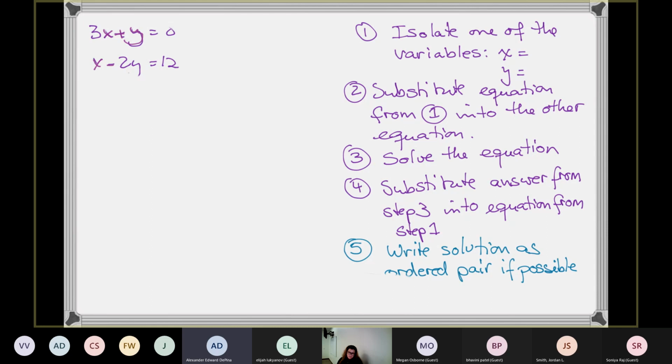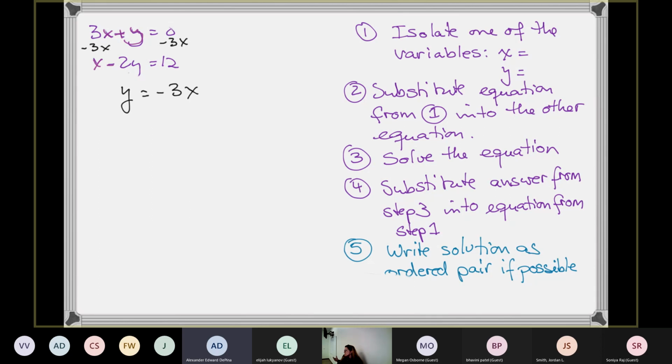3x plus y equals 0. So we want to solve this one for y, and we're just going to subtract 3x from both sides. So our equation is y equals negative 3x.